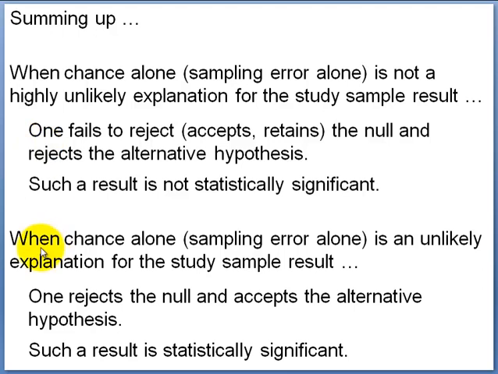And so when chance alone, which is to say sampling error alone, is an unlikely explanation for the study sample result, as for instance when we got our 9 heads, that's when we reject the null and accept the alternative. Such a result is statistically significant. And indeed, such a result reflects presumably a real difference in the population. Such a result is not due to chance alone. Therefore, we conclude that there's some real difference at work in the population. It's a real relationship.